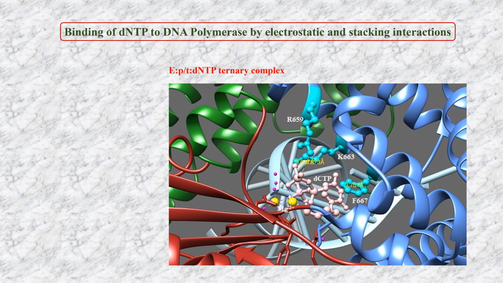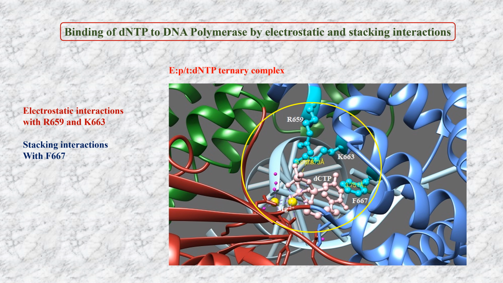Here we see the example of Taq DNA polymerase, Taq1. The dNTP binds to the N-terminal end of a helix called the O helix in the fingers subdomain.